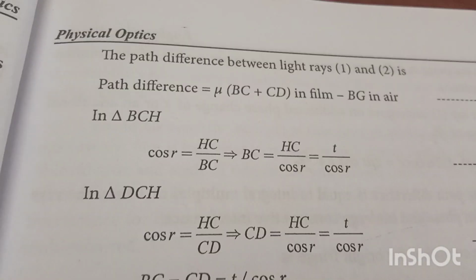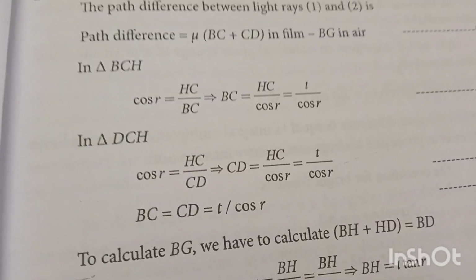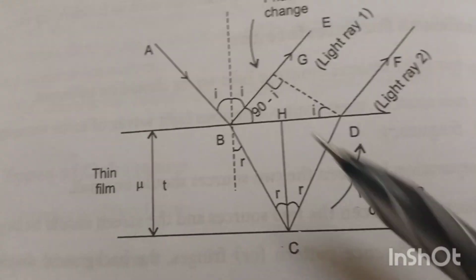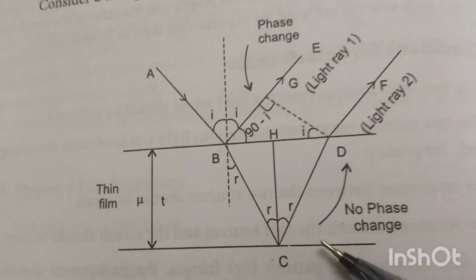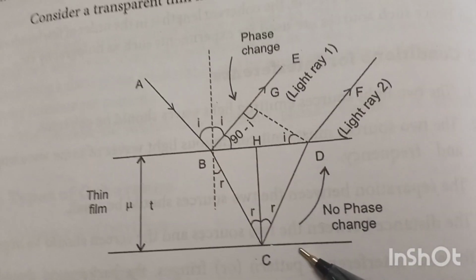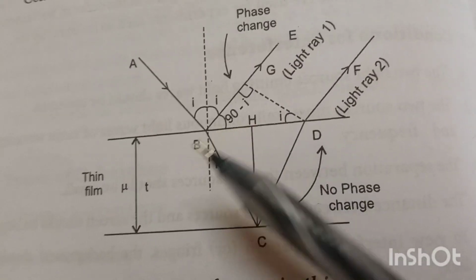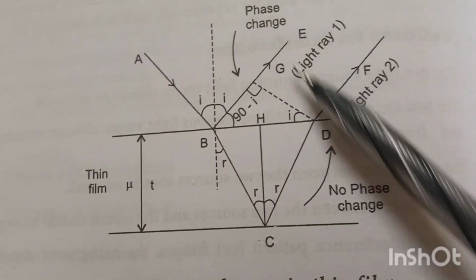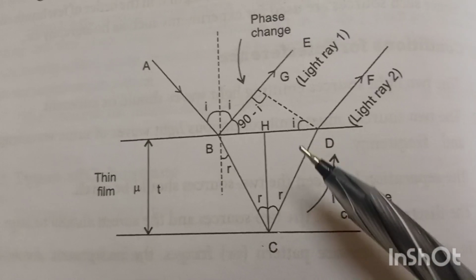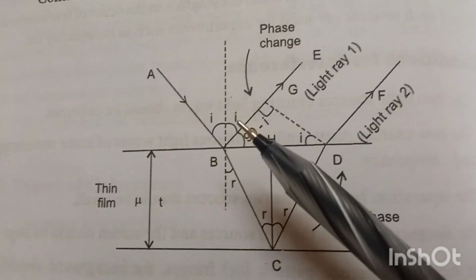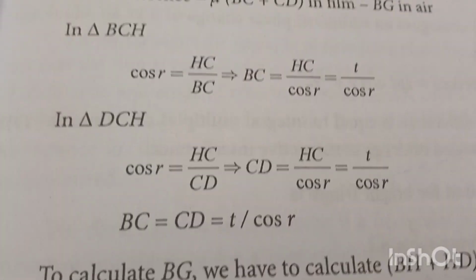So first of all let us consider the triangles. Here one triangle is BCH, another triangle is DCH, and next another triangle is BGD. There exist two triangles from the lower surface and one triangle on the upper surface. So let us consider the lower surface triangle.